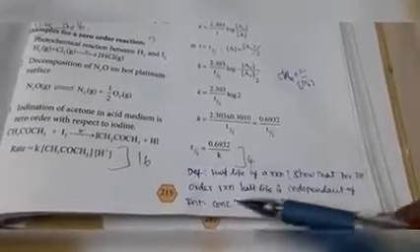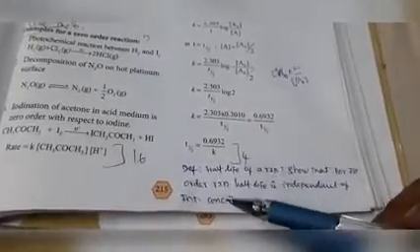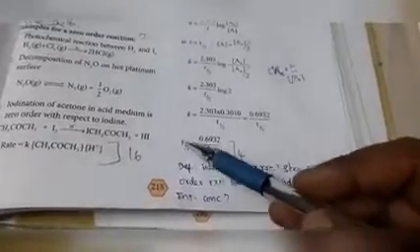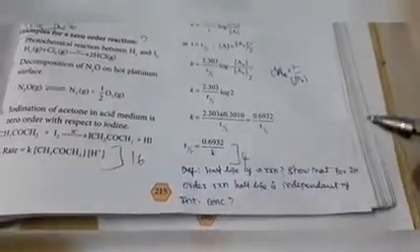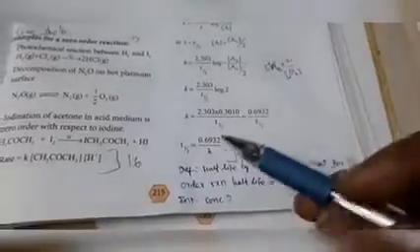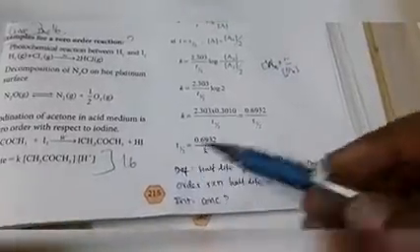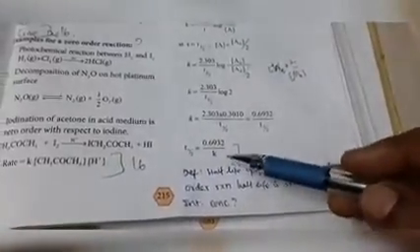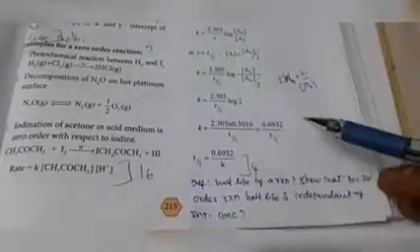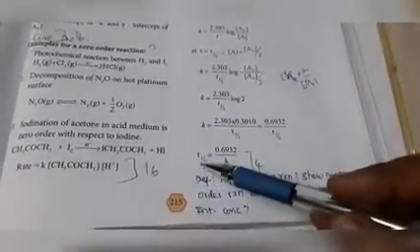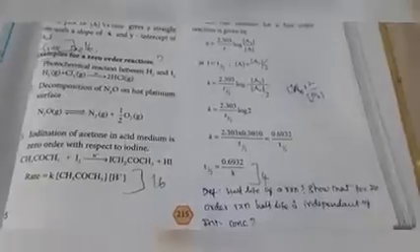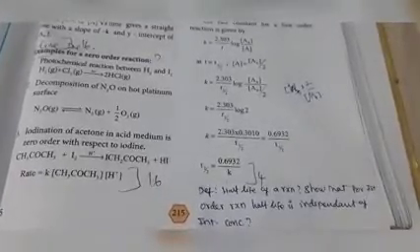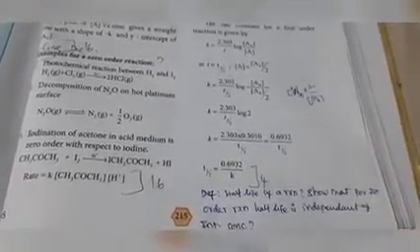Show that the first order reaction half-life is independent of initial concentration. That means this formula does not contain any concentration terms. So the t half value of a first order reaction does not depend on concentration.